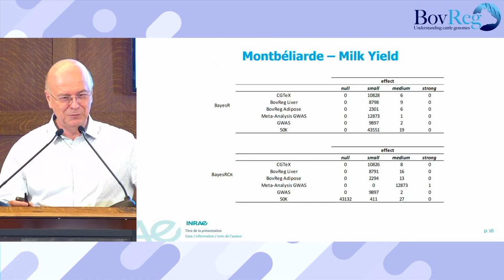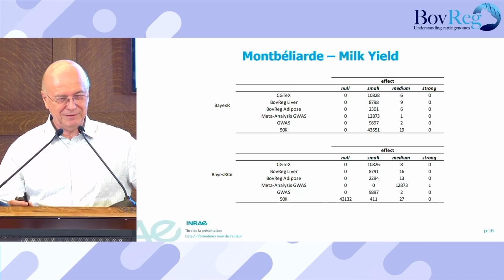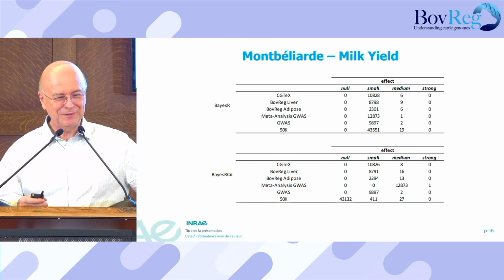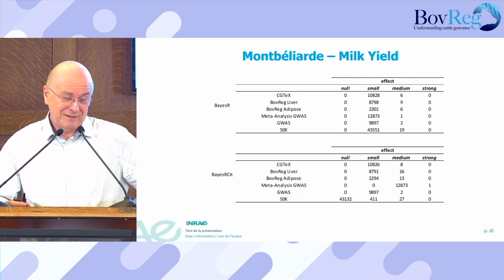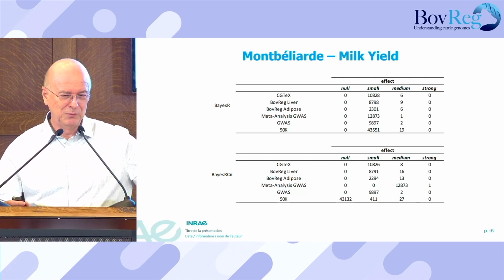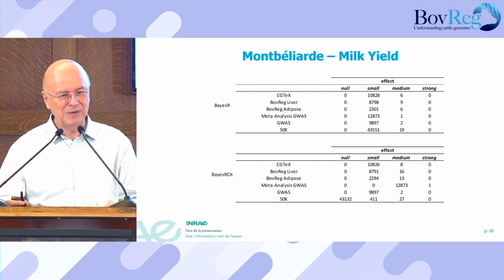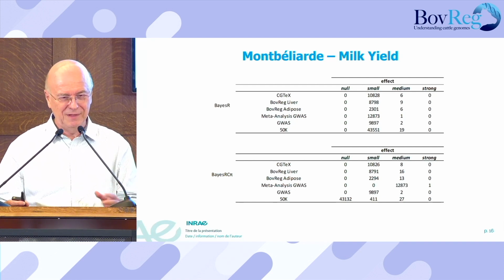In fact, in most situations, either in BiasR and BiasRC, the small category represents the majority of the SNPs, and it's likely due to the too small value which has been chosen for the QTL with small effects, 10 to the minus 6. So probably we have to change that a little bit.